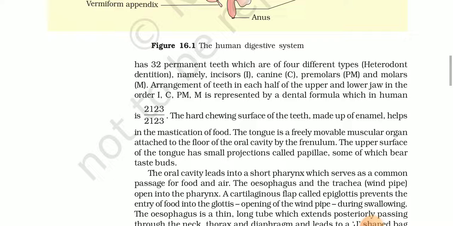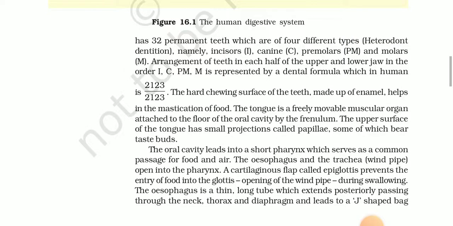Okay, so what is mentioned is that an adult human being has 32 permanent teeth, and these are of 4 different types, and this type of dentition is called a heterodont dentition. The 4 different types of teeth are incisors, canines, premolars and molars.